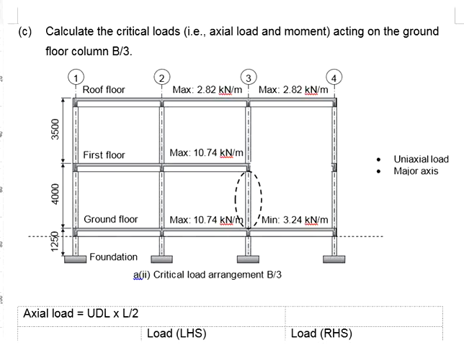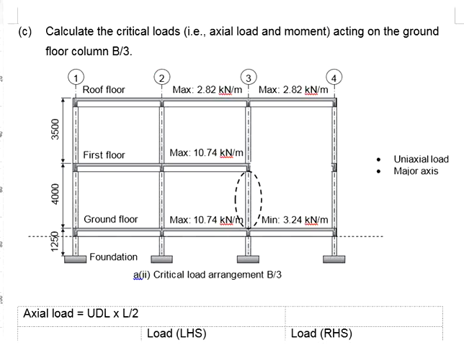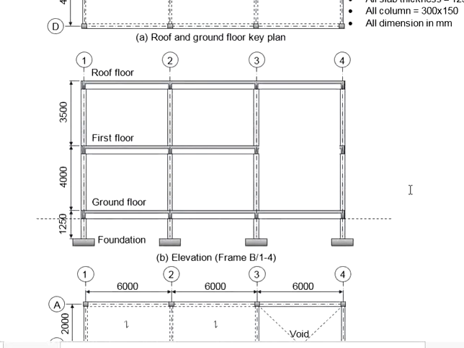Now we will proceed with the next sub-questions, asking us to calculate the critical loads acting onto the ground floor column B3, referring to the key plane. This is column B3. Ground floor column B3 refers to this column.